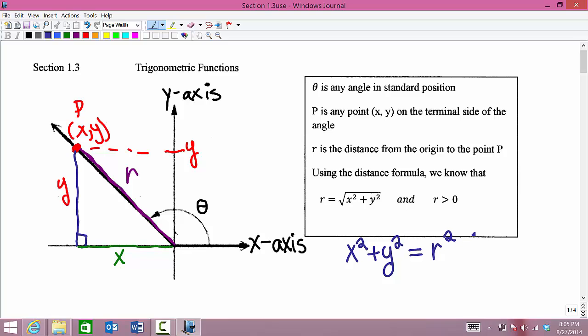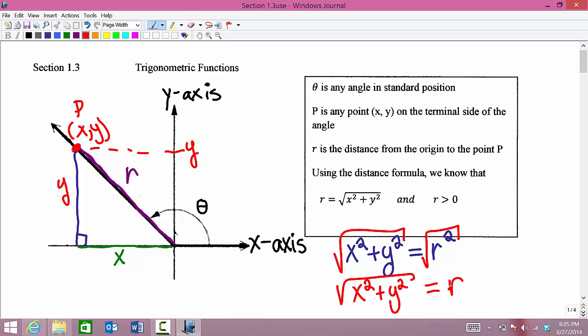So we'll say r squared. If I want to solve for r, we would take the square root of both sides, and now we know the value of r.